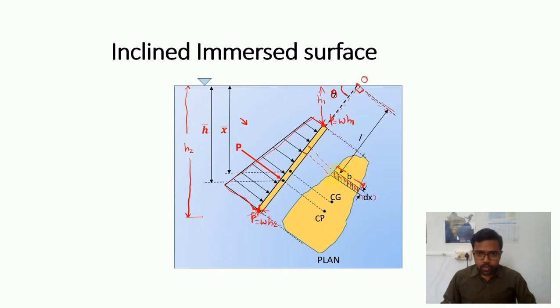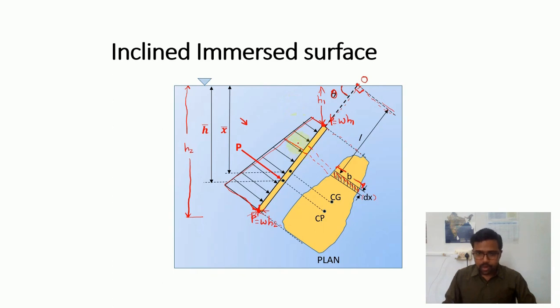Now we will find the pressure force on the small element. Because it is a small element, the pressure at that point will be w times h, where h is the component of L in the vertical direction.